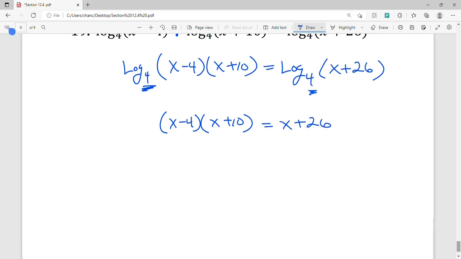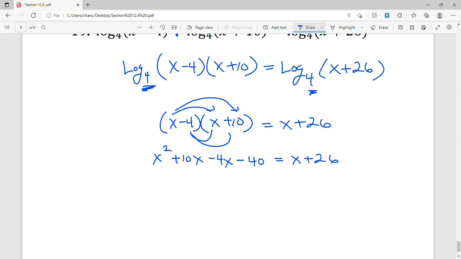We're almost there. You have to actually FOIL this out. I get x squared plus 10x minus 4x, minus 40 equals x plus 26. We'll collect like terms. This is x squared, 10x and negative 4x together gives me 6x minus 40 equals x plus 26.